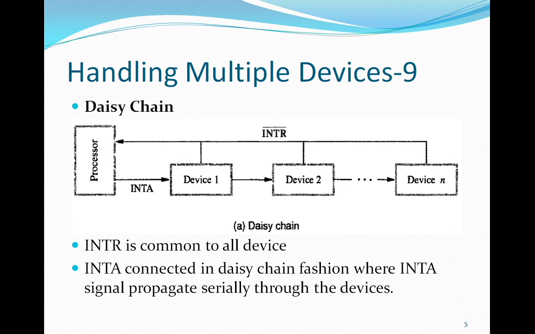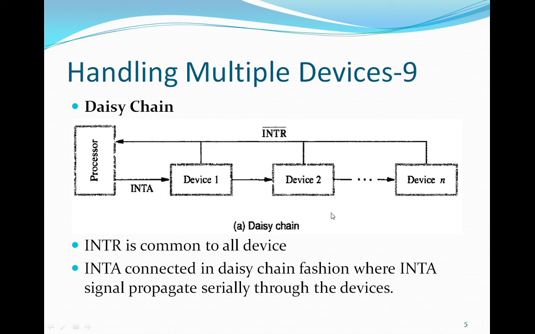Therefore, in a daisy chain arrangement, the device that is electrically closest to the processor has the highest priority. For example, device 1 is closest to the processor, so it has the highest priority. Then the second device along the chain has the second priority, then the third device has the next priority, and so on.